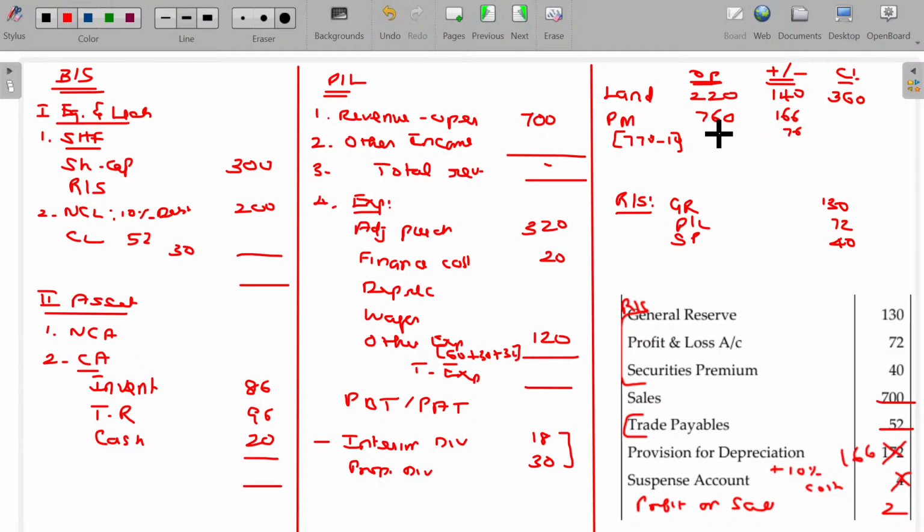For the original value 10% will be provided in this year. 76 will be the depreciation amount for this current year for the remaining assets. Then suspense account was totally eliminated. Profit on sale of the asset being other income 2 rupees. Other income being 2 rupees.